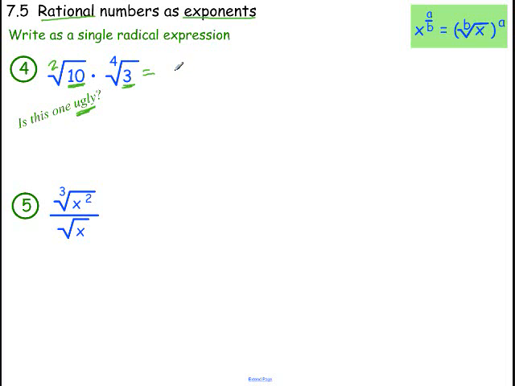We know we've got 10 as the base. We've got a power of 1 divided by a root of 2 for our rational exponent. This one, our base is 3. Power of 1 divided by a root of 4.